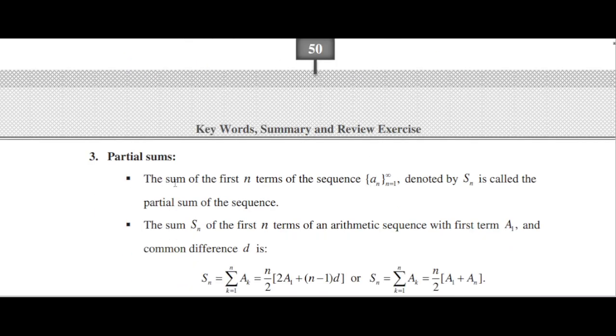Partial sum. The sum of the first n terms of the sequence, where n starts from 1 up to infinity, denoted by S_n, is called the partial sum of the sequence.